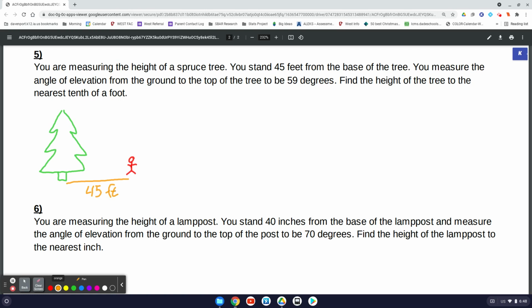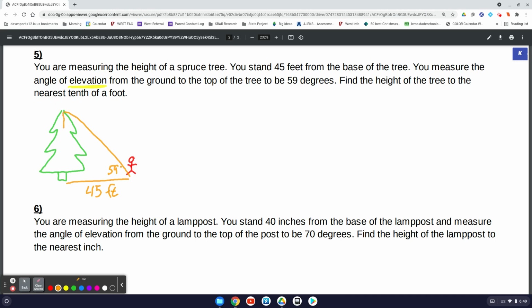And then we measure the angle of elevation, meaning from a flat line up. So the only flat line that we really have is at our feet. So the flat line up to the top of the tree, that angle of elevation is 59 degrees. Find the height of the tree.